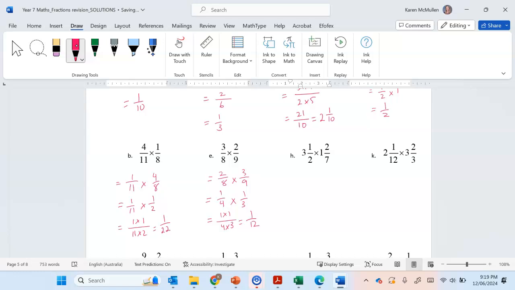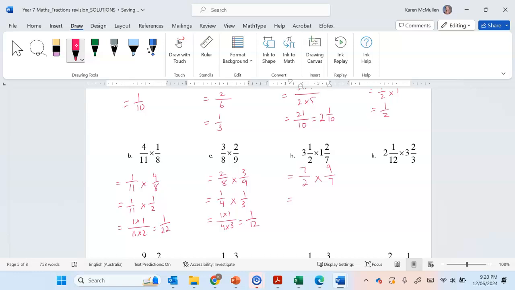All right, so question H, we've got another mixed number. Let's quickly do that. Your denominator stays the same. 3 times 2 plus 1 is 7. And then we've got 1 times 7 plus 2 is 9. Notice that I haven't been changing my denominators. You do not have to have the same denominator when you're multiplying, which is great.